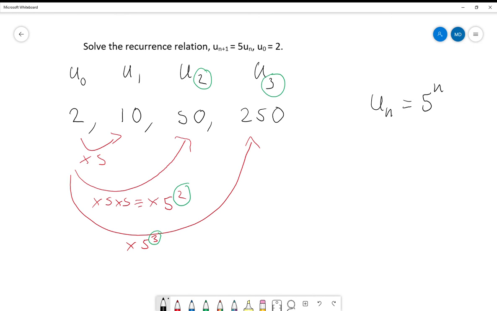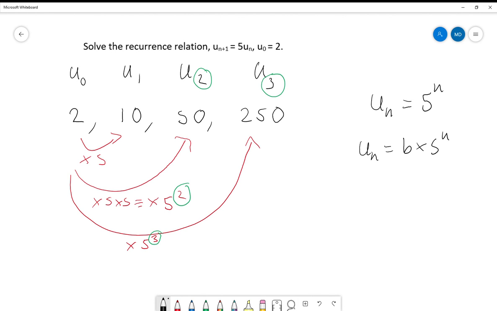And at this point, it's tempting to go, we need to add something, because obviously with u_0 equal to 2, we need to add something to get it right. But actually, because it's all about multiplication, that extra constant needs to be multiplied. So we've got u_n is equal to b multiplied by 5 to the n.